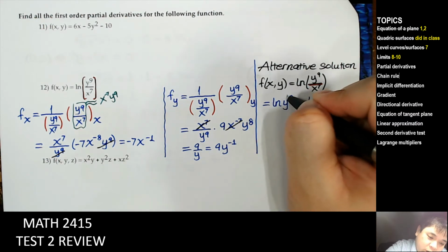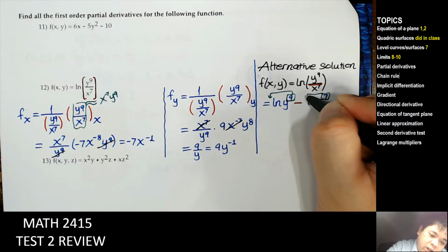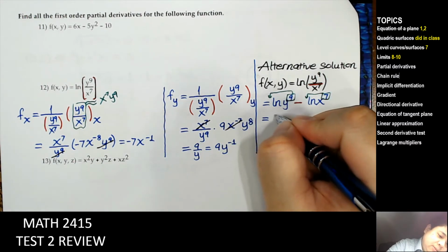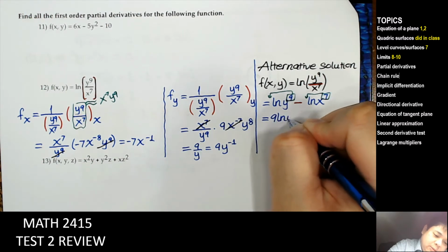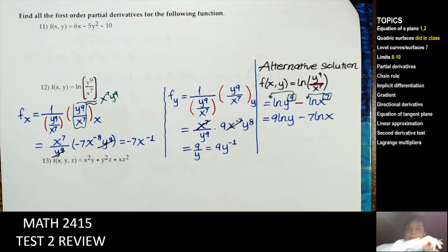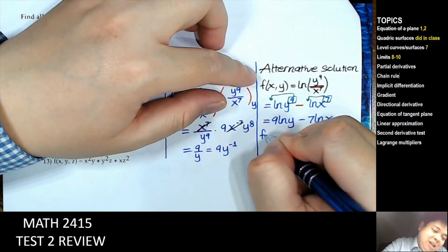Next, we can also take the exponent outside as a coefficient. And then with that, derivative would be extremely easy.